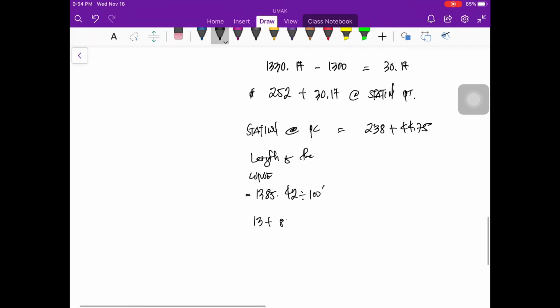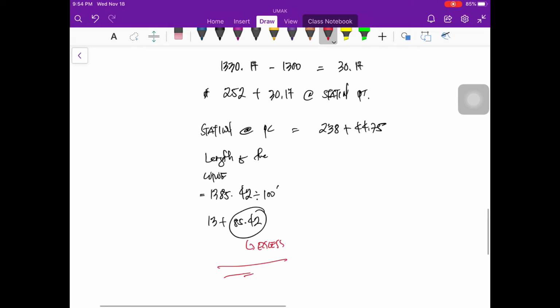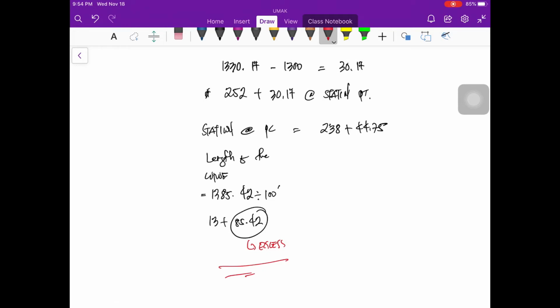You have an excess of 85.42. So you just need to add 13 plus 85.42. So this will be 251 plus 44.75 plus 85.42. So this one is 130.17.